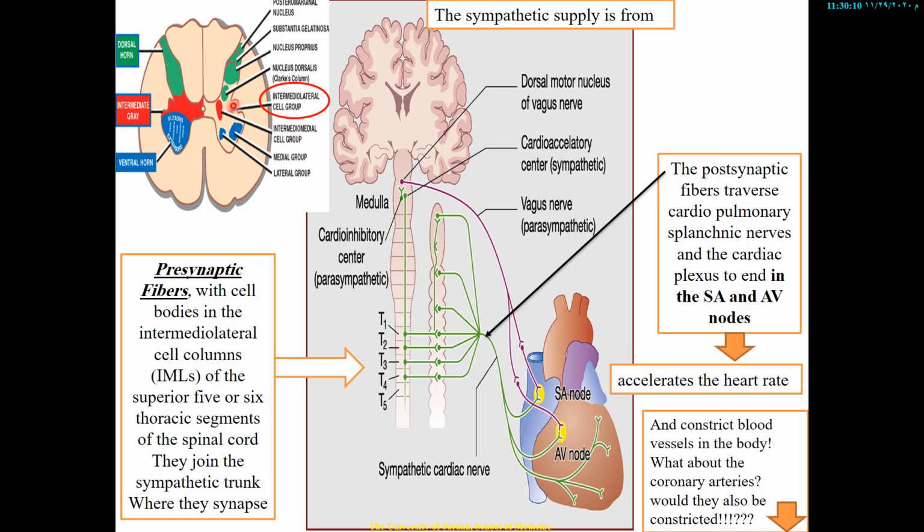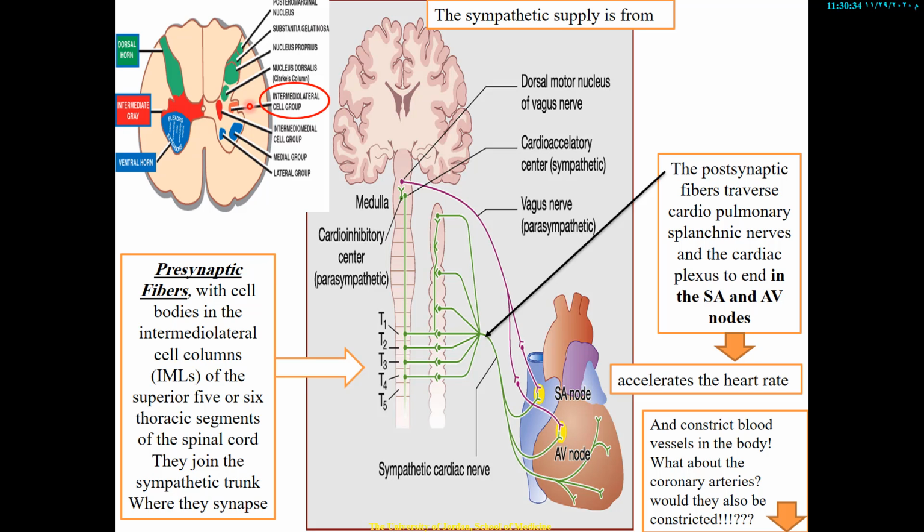And of course, from segment T1 until L2 in most textbooks, some say L3, you would find also another horn, the intermediolateral horn, or simply the lateral horn, which is sympathetic.